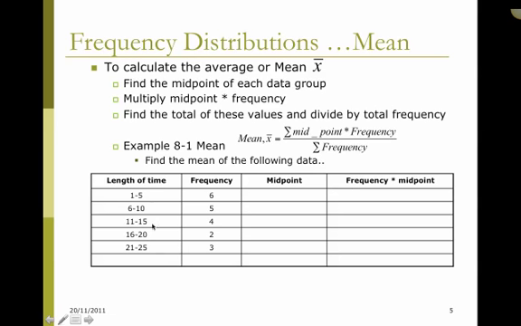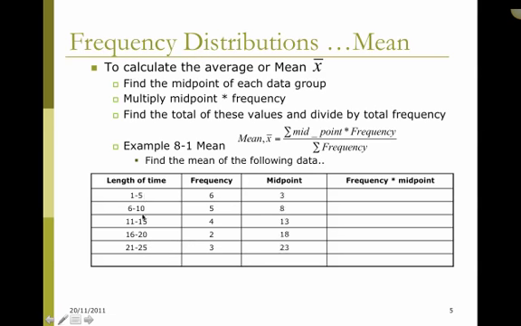So here's a set of data where some measurements were taken, and between 1 to 5 seconds there were 6 events, there were 5 events 6 to 10 seconds, 4 events 11 to 15, 2 events 16 to 20, and 3 events 21 to 25 seconds.